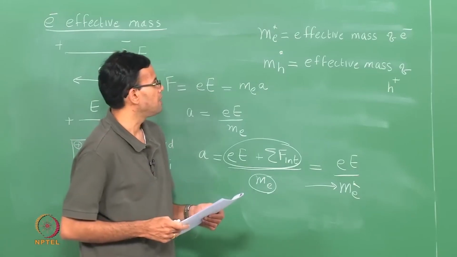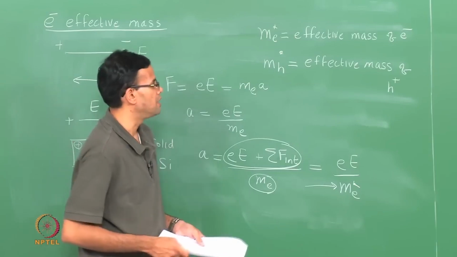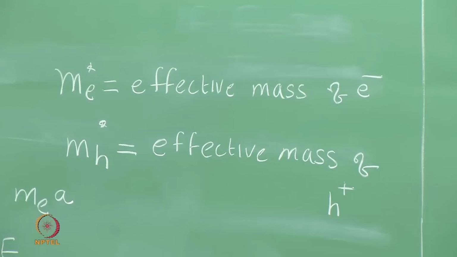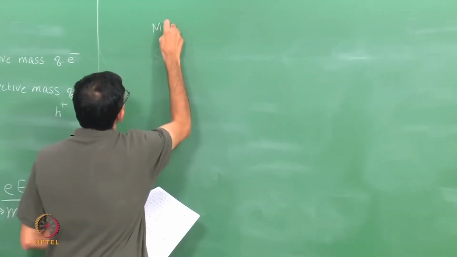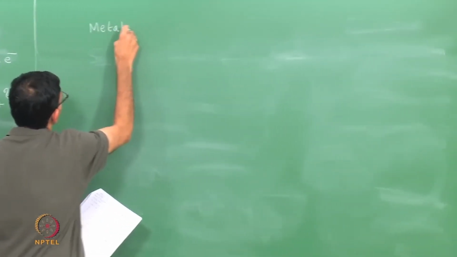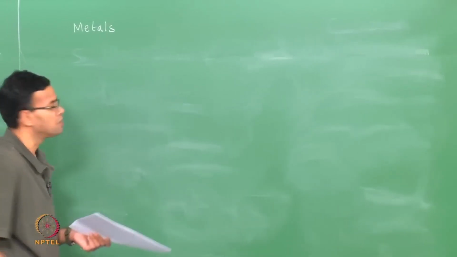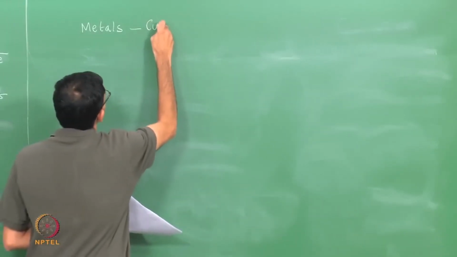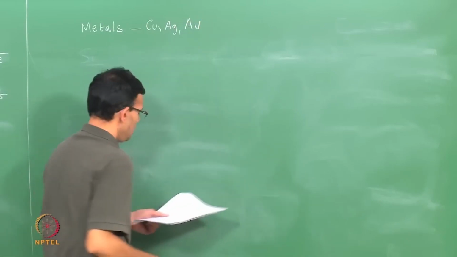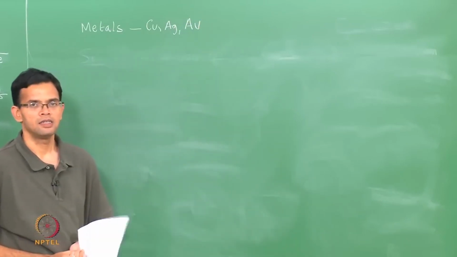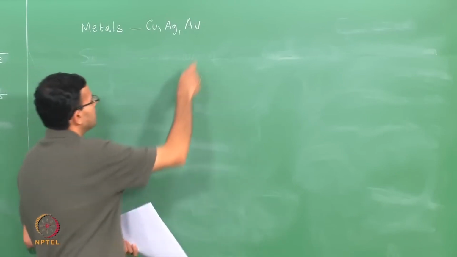Let us look at some typical values for ME star and MH star. So, we will start with metals. We look at metals like copper, silver and gold. So, these metals are called nearly free electron metals.